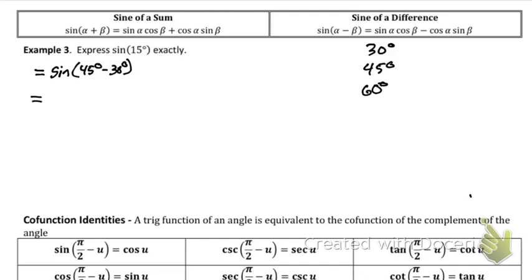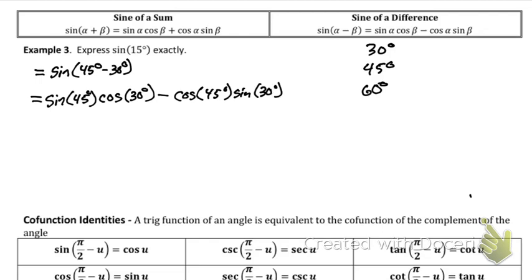So let's go ahead and write that. So we're going to have sine of our first angle, 45 degrees, times cosine of my second angle, which is 30 degrees. With sine, if I'm subtracting angles, it is a subtraction sign. So we're going to have minus cosine of the first angle, which is 45 degrees, times sine of the second angle, which is 30 degrees.